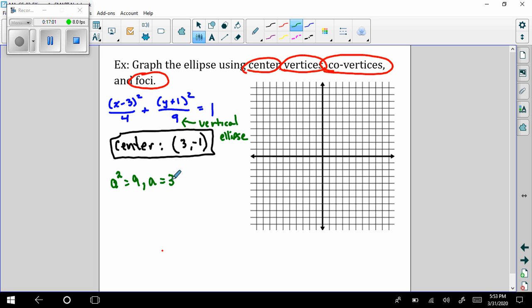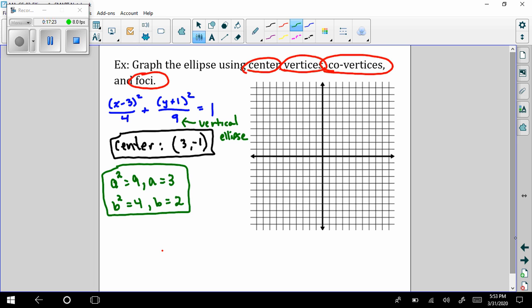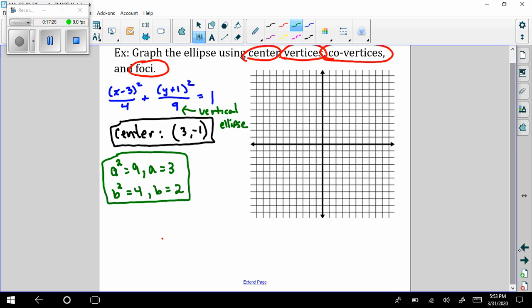I'm going to need that to calculate my vertices. B squared is equal to 4, so B is equal to 2. There's the second thing I can calculate. So keep in mind, my major axis is vertical. I'll go back and write that up. My minor axis is horizontal.